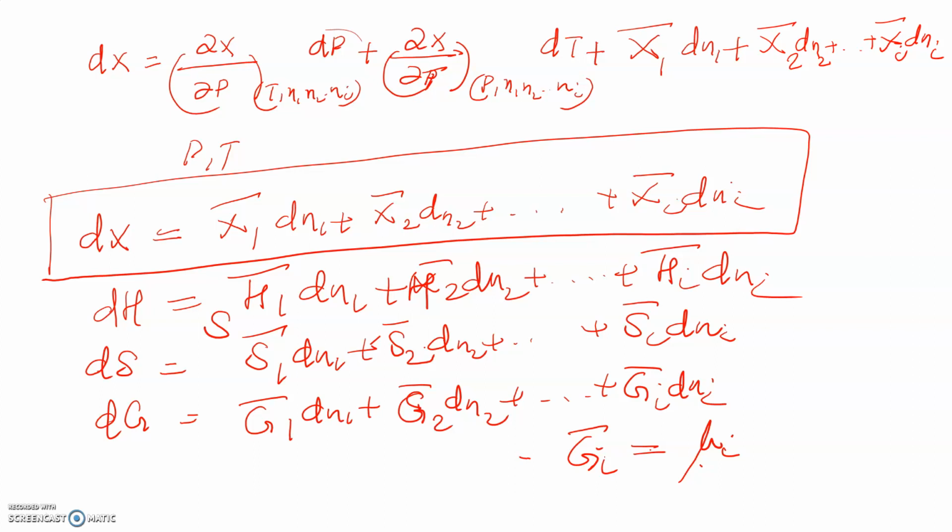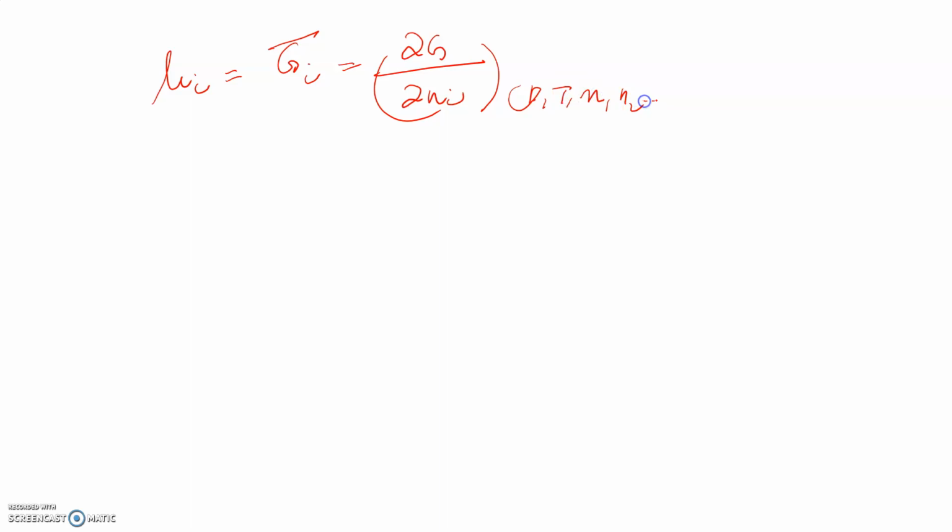So what is mu I? Mu I or the chemical potential is G bar I, or it is dou G by dou Ni at constant pressure, temperature and N1, N2, etc. Ni minus 1. In some textbooks you will find it as Nj, but we can write Ni minus 1. The terminology that we will use is I minus 1.